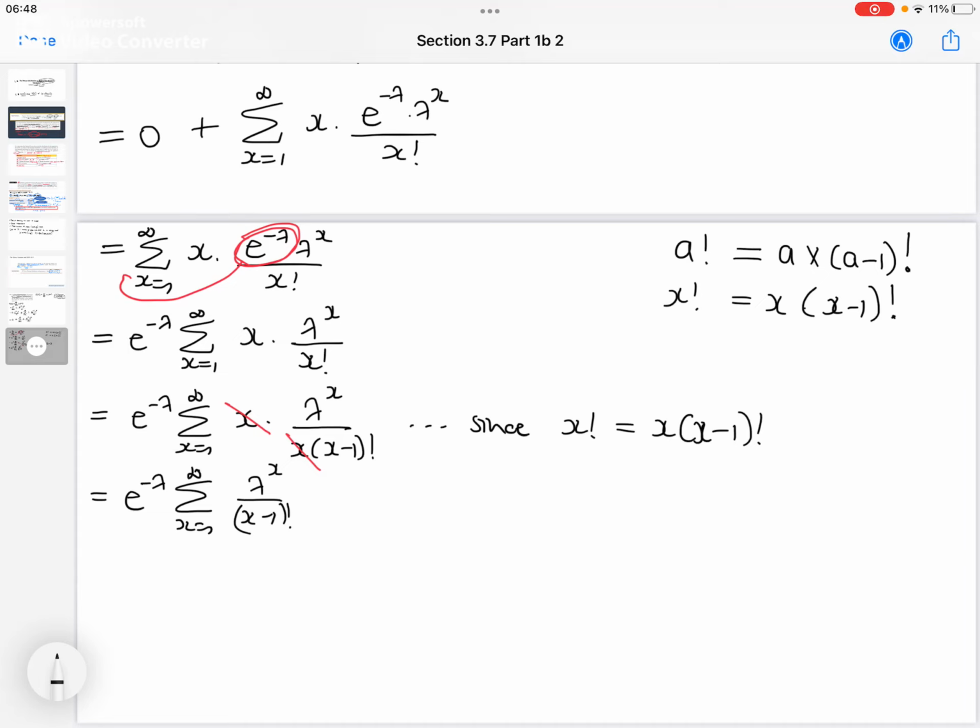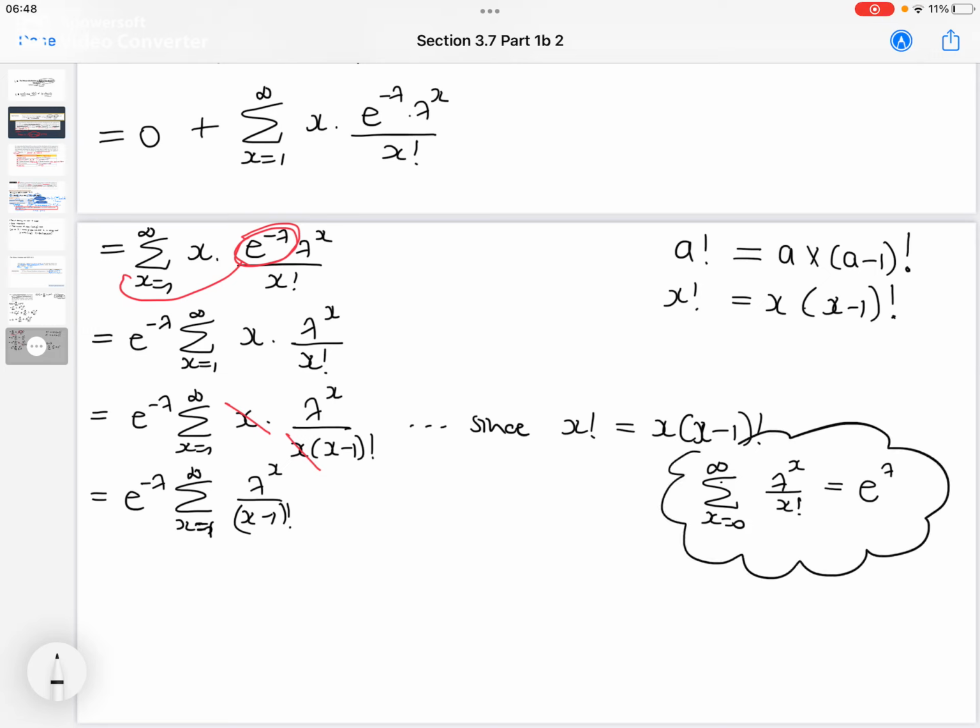All right, so in the previous part of the video, we saw that we have an expression that says the sum of x equal to 0 to infinity of lambda^x divided by x factorial is equal to e to the power lambda.